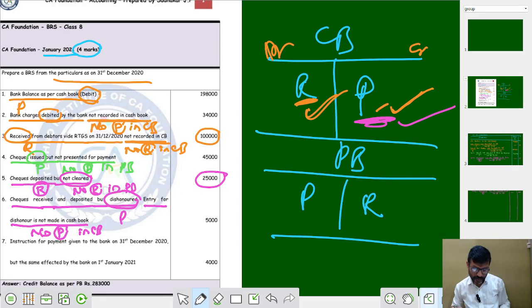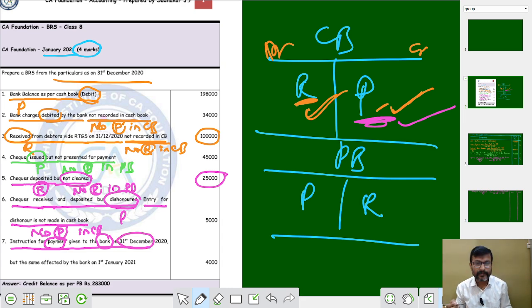Shall we move on to the last point of this problem? Instructions for the payment given to the bank on 31st December. See, you have given the instruction for what? Payment. To whom? To the banker. When you have given the instruction for payment?